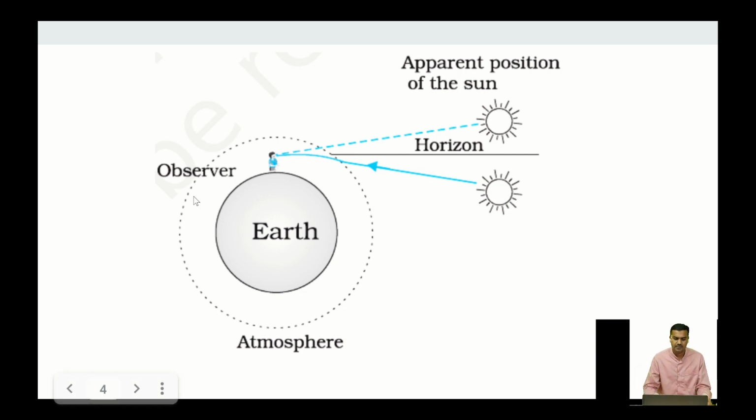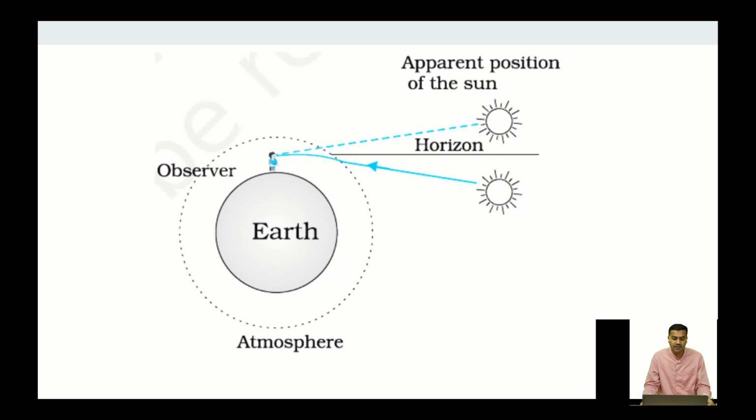Now what happens here? The position of the sun is here, which is in a vacuum, and the earth is surrounded by the atmosphere, the air medium. Vacuum means there is no matter at all, it is empty space. So what is the refractive index of air?